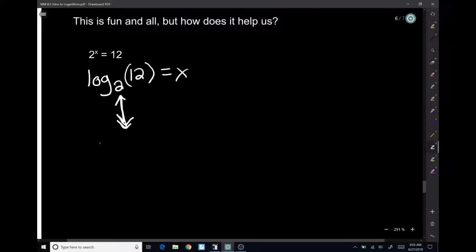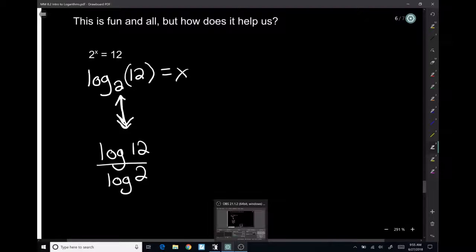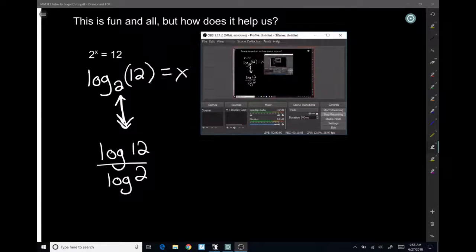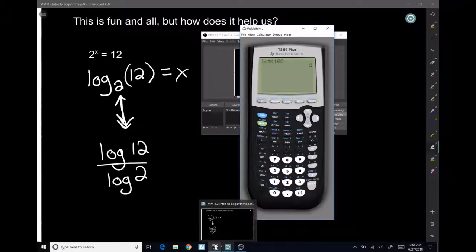A trick, though, is if I take this and write it as the log of 12 divided by the log of 2, and do that in my calculator, log of 12 divided by the log of 2, it gets me that 3.585 that we saw at the beginning of the chapter.